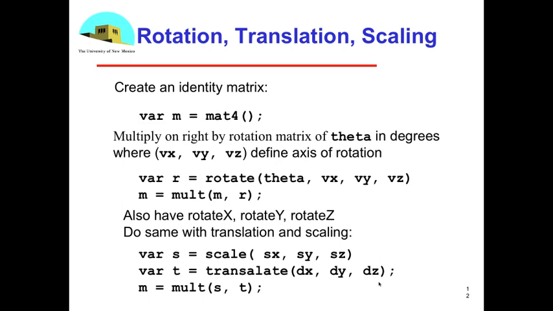You can look at the code there for rotate and see what it looks like. You can do it that way. You don't even have to define r this way. You can just put rotate in here instead of r if you're not going to use it for anything else. So all of those kinds of things are possible. In fact, you can even just do var m equals rotate of this. This is just showing you the operation.